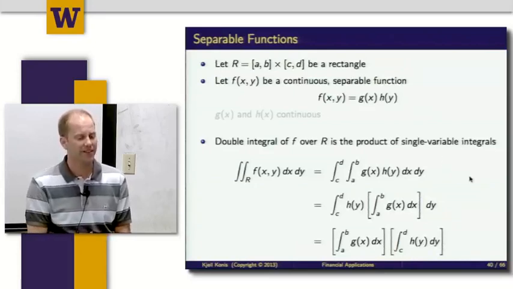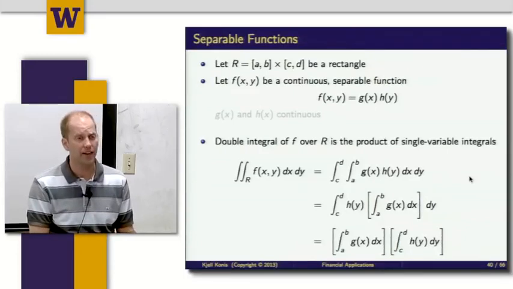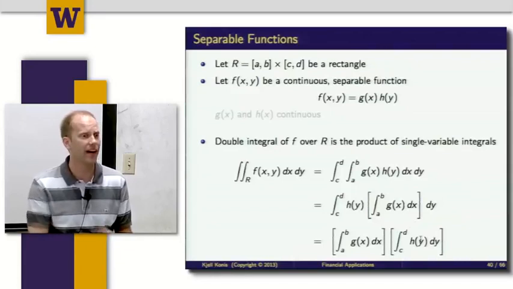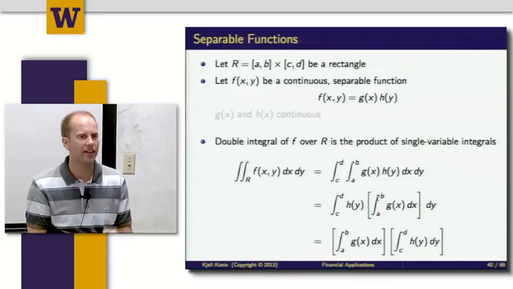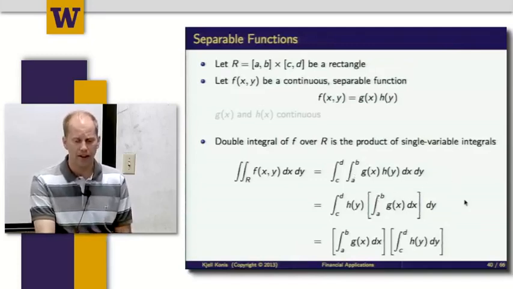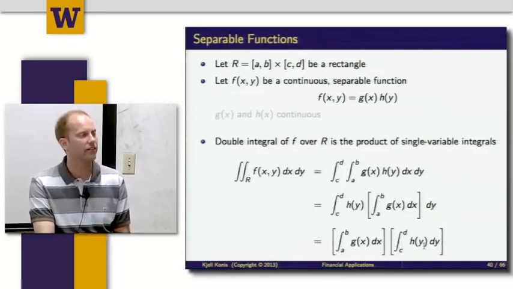And so this was an example of the forward use of this property. I had a function of s and t that I could separate. It was a function of s times a function of t. It got easier when I did the change of variables because I took my diamond and I turned it into a rectangle, so that allowed me then to use this property. The other thing that will seem kind of strange is that I can also use this backwards.